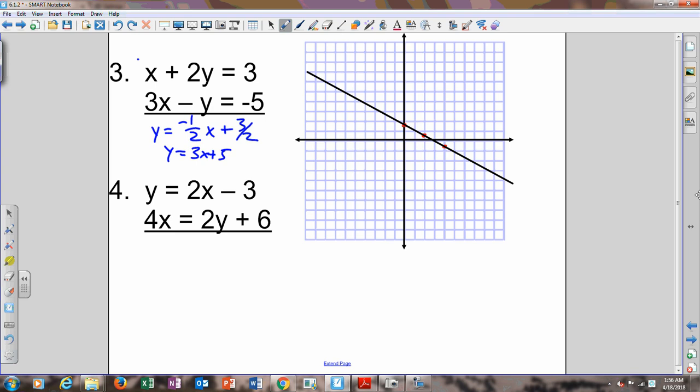Then we have 3x plus 5. So up 5. We go up 3 over 1. Down 3 over 1. Hey, look. It actually turned out to be a pretty good answer. Across at negative 1, 2.